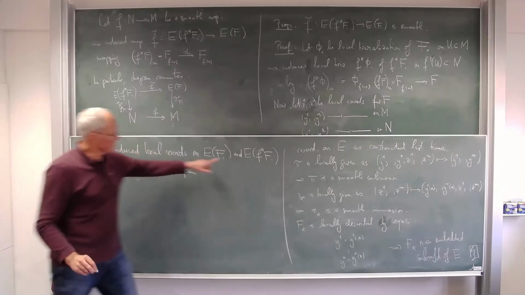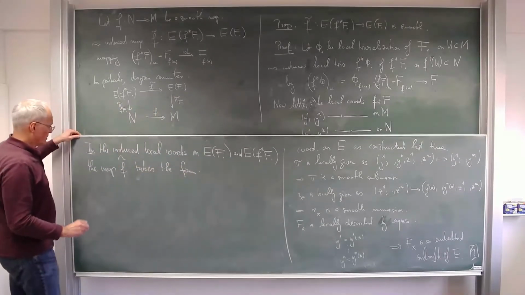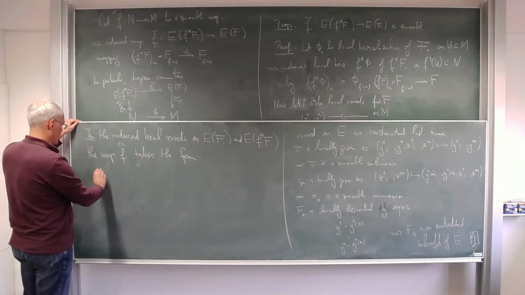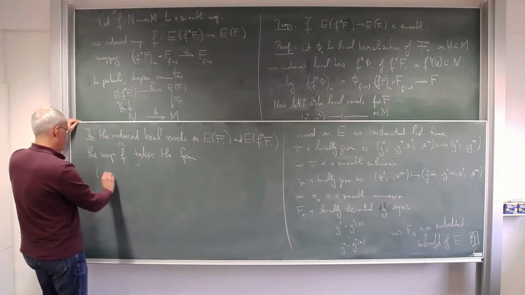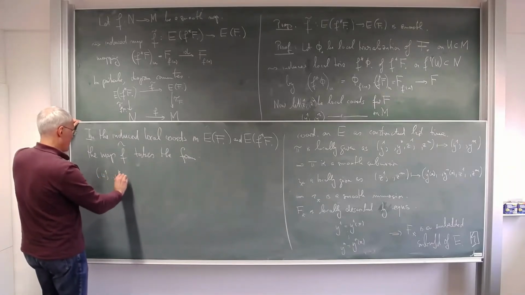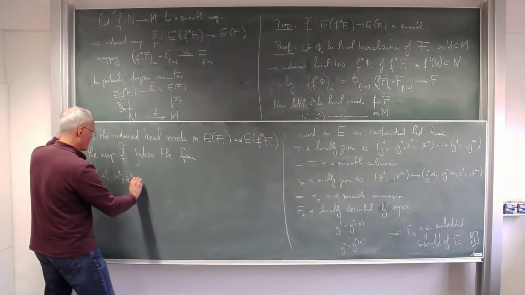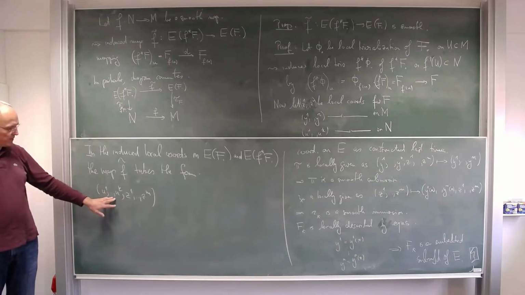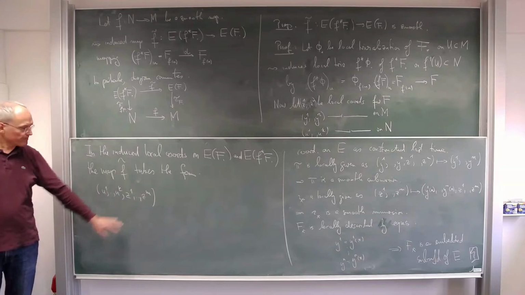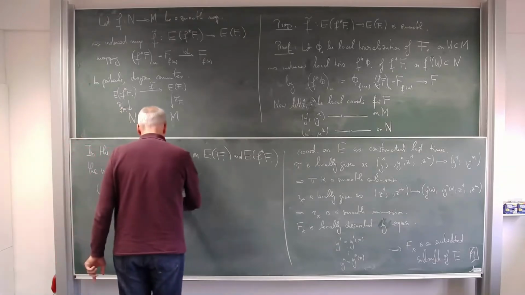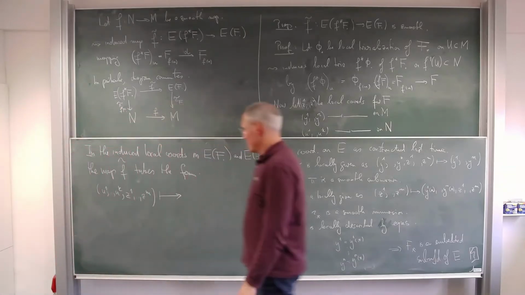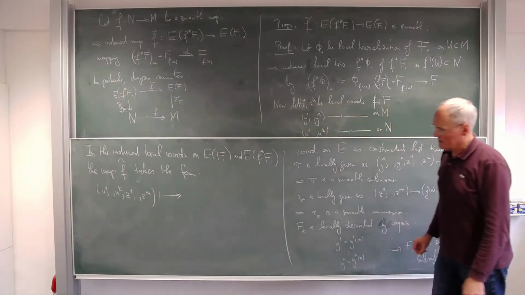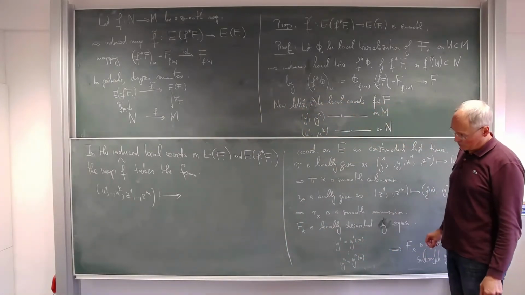We have something starting on the total space of the pullback bundle. This has the local coordinates u1 up to uk and z1 up to zn, so the coordinates for the manifold N and for the model fiber. And now let's see what the map F tilde does to the corresponding point.